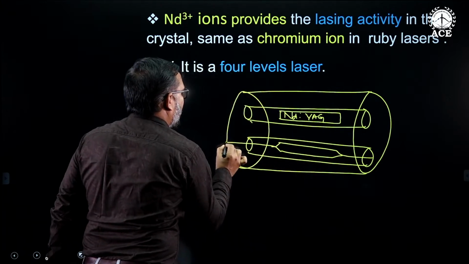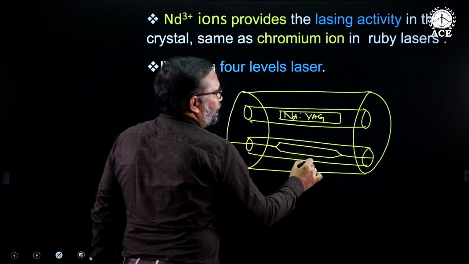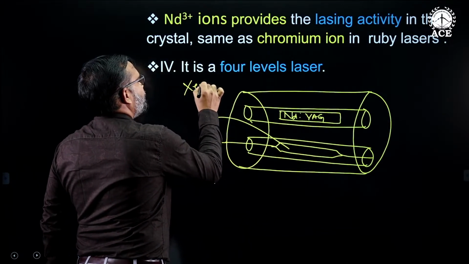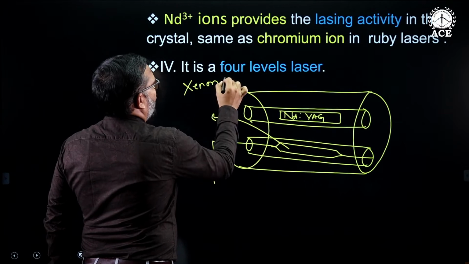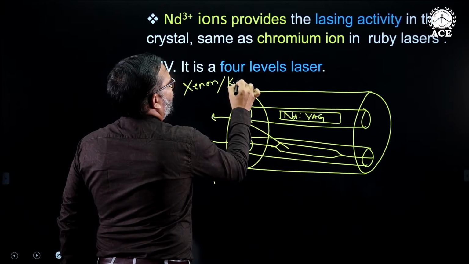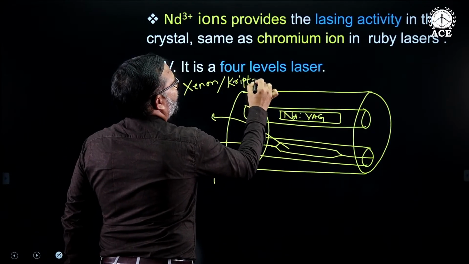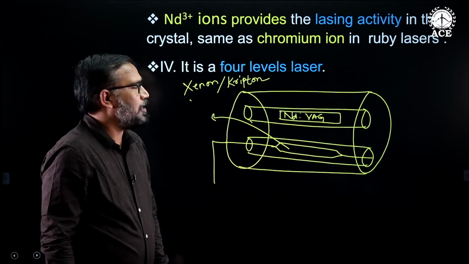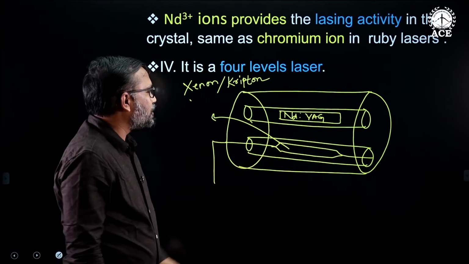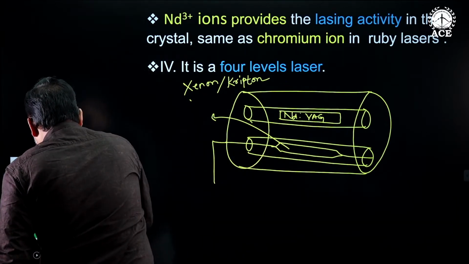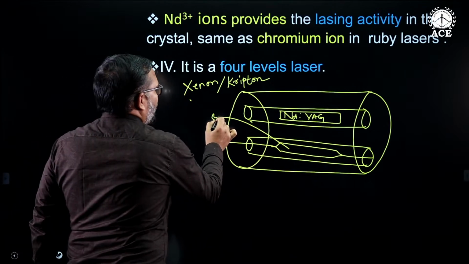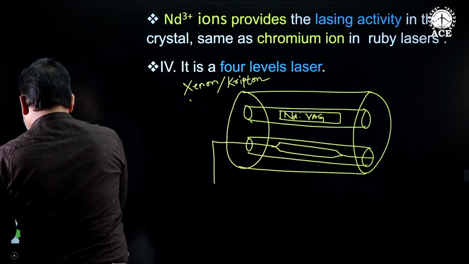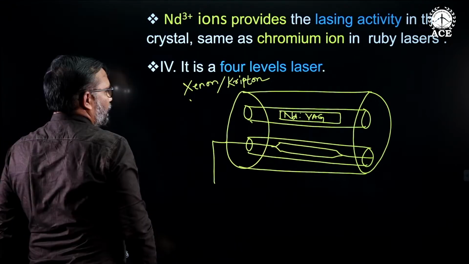This flash lamp will be either xenon or krypton. You can use either a xenon flash lamp or a krypton flash lamp. Where are you placing it? In one of the focal length points.